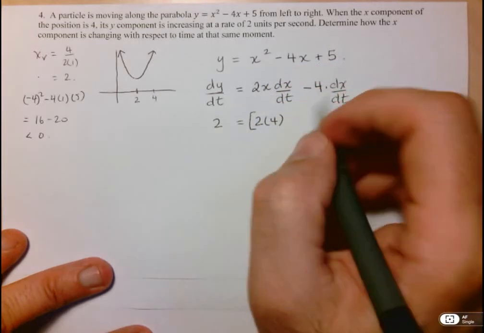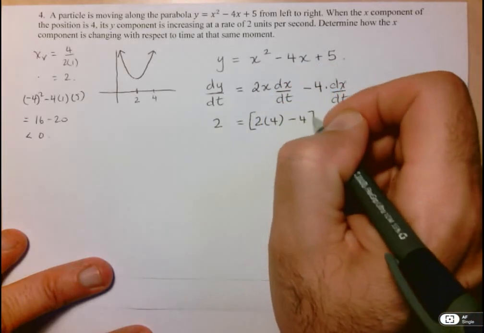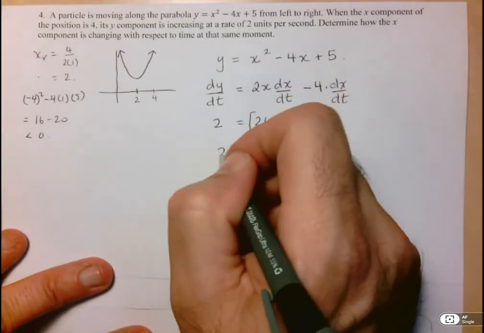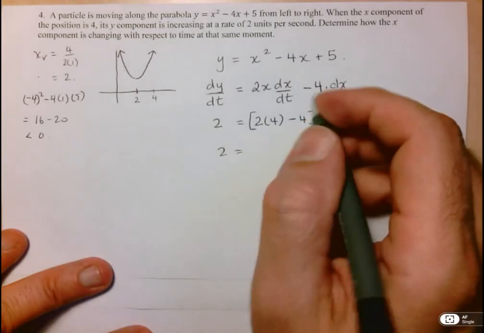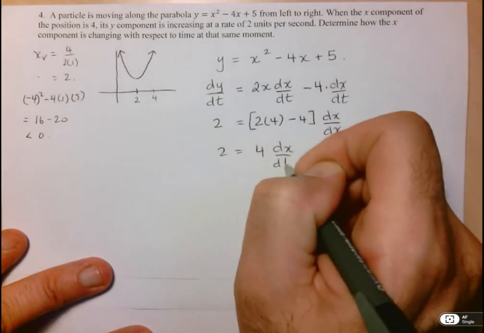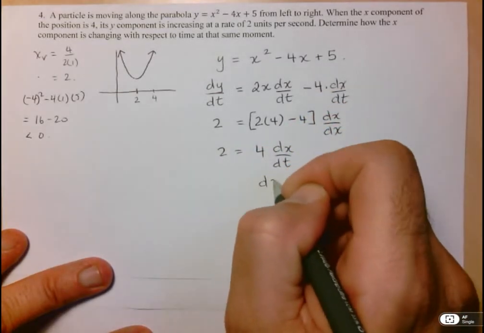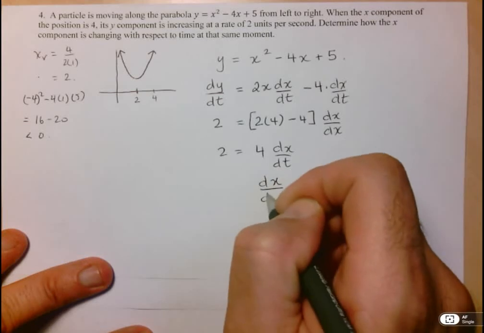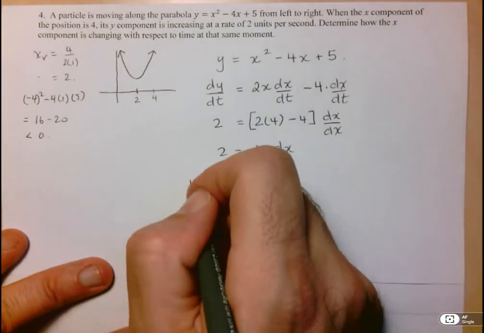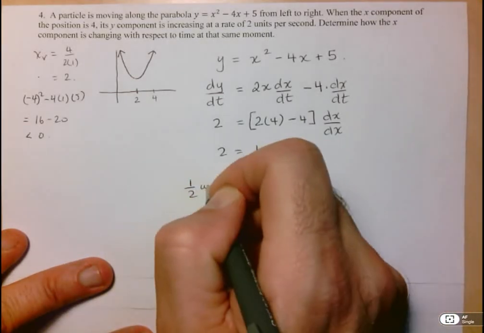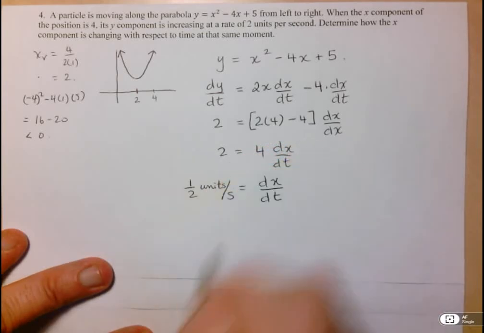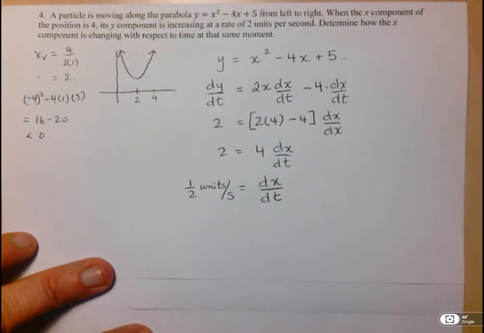So here I've got 8 minus 4, and then dx/dt on the outside. So 2 equals 4 times dx/dt. The way the x component is changing with respect to time would be 1/2 unit per second. And there we go.